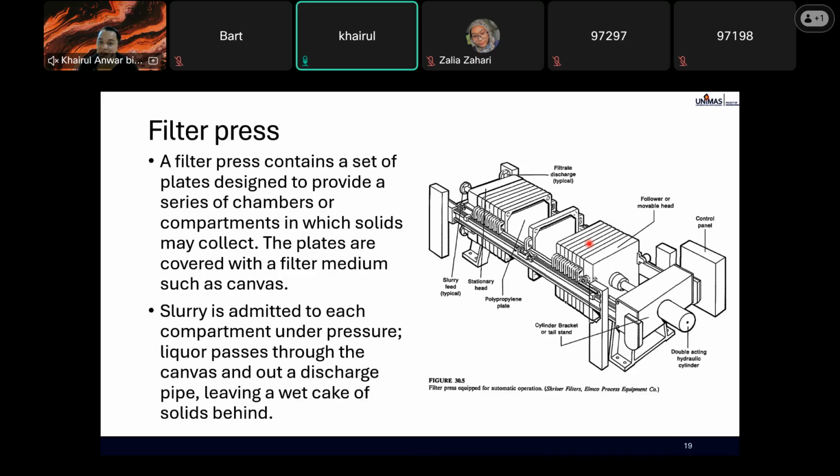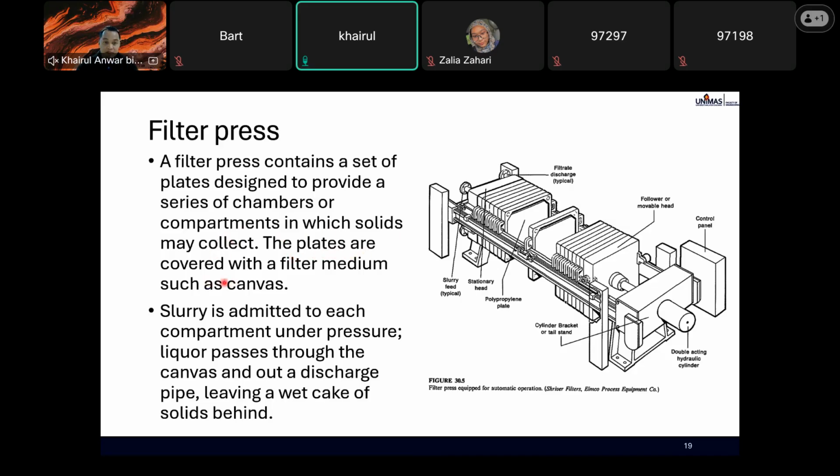This is a filter press. A filter press contains a set of plates designed to provide a series of chambers or compartments in which solids can collect.